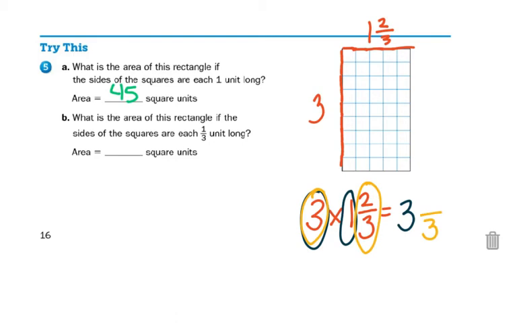So the whole number 3 times 2 is 6. Now 6/3 is an improper fraction. 3/3 is equal to 1. Another 3/3 would be 6/3. So this is equal to the whole number 2. So I'll add that together. 3 plus 2 is 5 square units. Go ahead and check Schoology to finish the lesson for today.